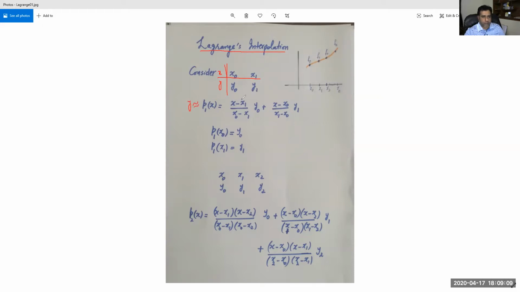Now look at this factor here. x minus x1 divided by x naught minus x1 multiplied by y naught, plus x minus x naught divided by x1 minus x naught times y1.